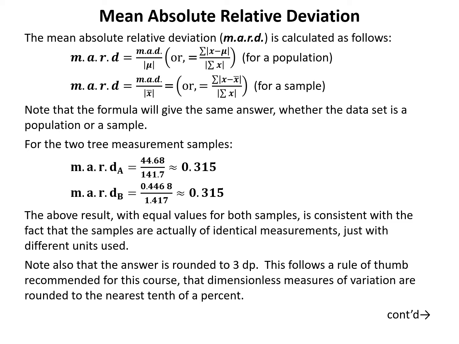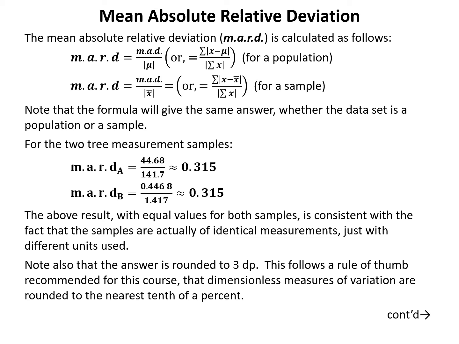For a population, it would be the same as the sum of the absolute values of the deviations divided by the absolute value of the sum of all the x values. And similarly, for a sample, it would be the sum of the absolute values of the deviations also divided by the absolute value of the sum of the values.